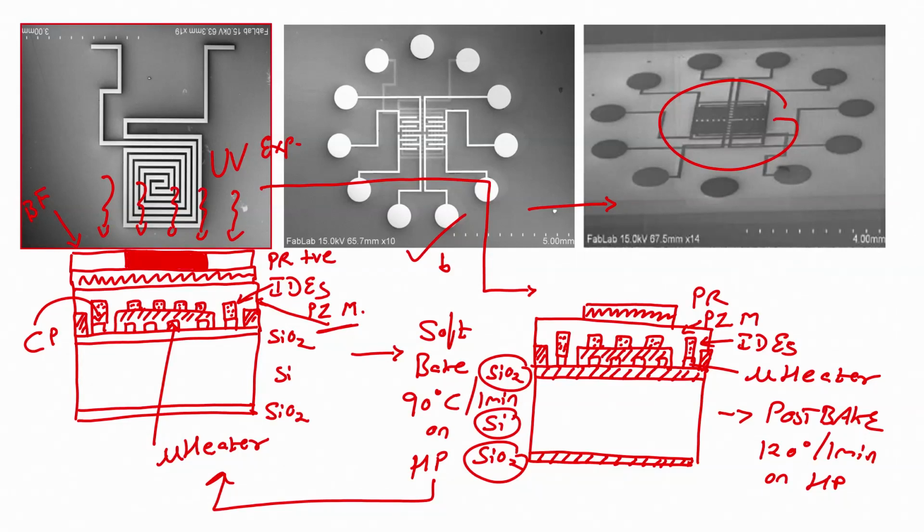After post baking, the next step would be to etch the piezoresistive material from the unwanted areas. We only want piezoresistive material on these electrodes, we do not want it on any other side of the chip, correct.